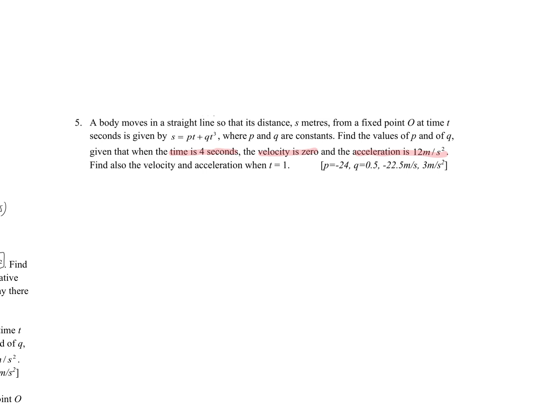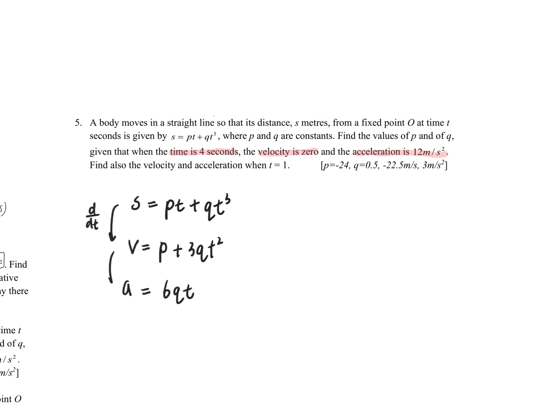So what you can do is, you can do a few things. This is displacement, find velocity, find acceleration. So the three expressions, go and differentiate it, and then based on the info they tell you, T is 4, V is 0, acceleration is 12.